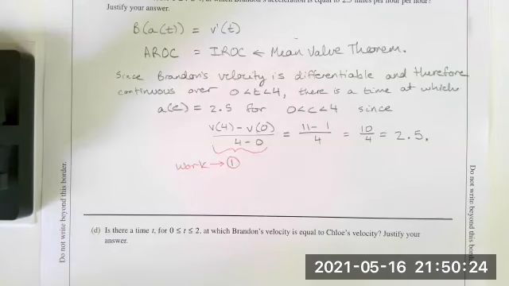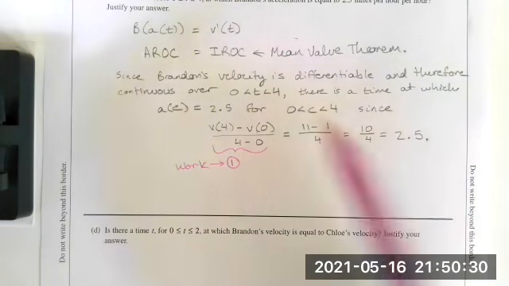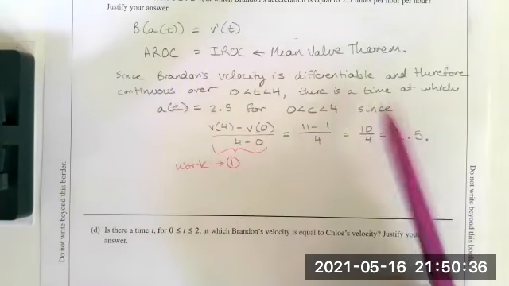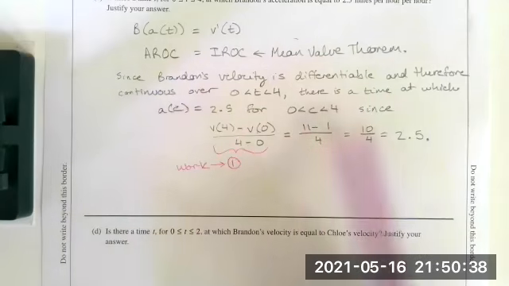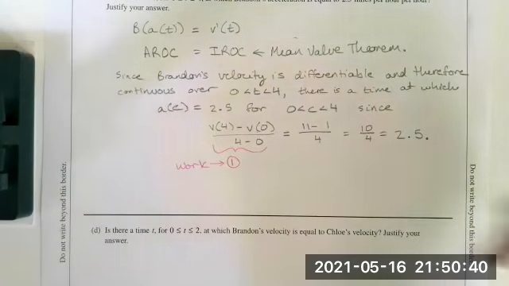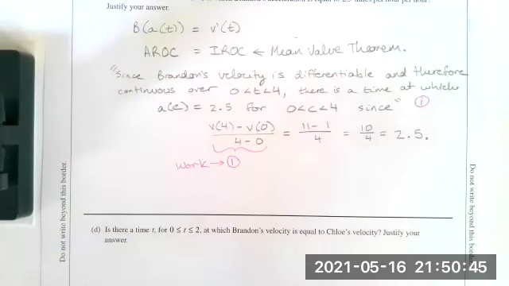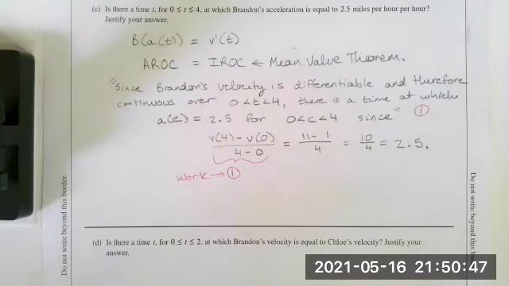I use the letter V. It's understood. Next, answer with justification. Velocity is differentiable and therefore continuous. Yes, there is a time. So basically, yes, this does equal it, and I've shown the work. So all of this is the justification, and there's the second point for part C. All right, I'll stop here and I'll do the last part in the final video.